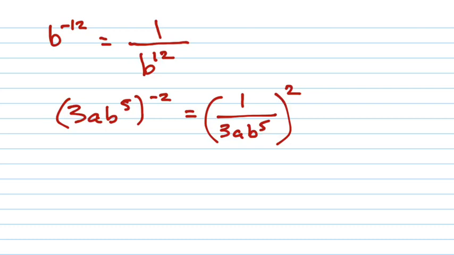You're just inverting it. And then we'll square everything inside. Well, 1 squared is still 1. 3 squared is 9. A squared is a squared. And b to the 5th raised to the 2nd power is my favorite rule, b to the 10. Because remember, when you raise a power to a power, you multiply.